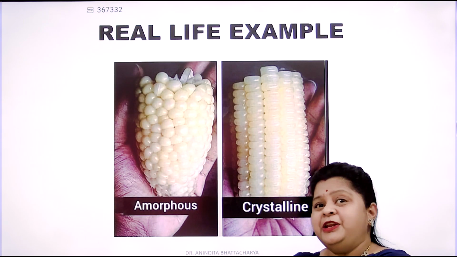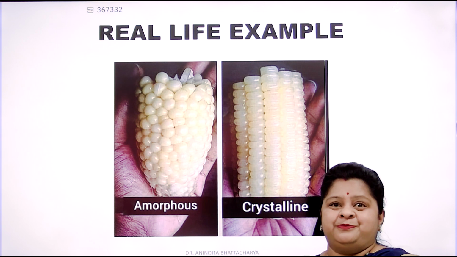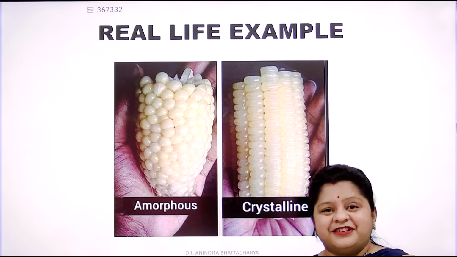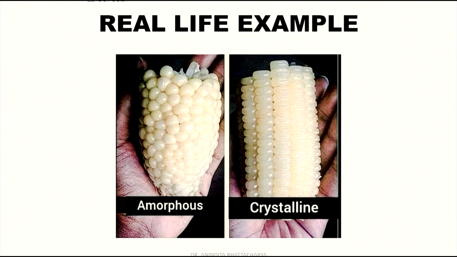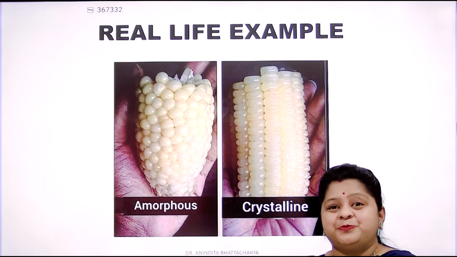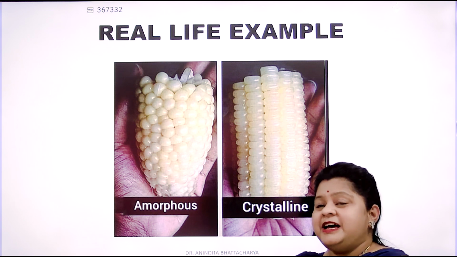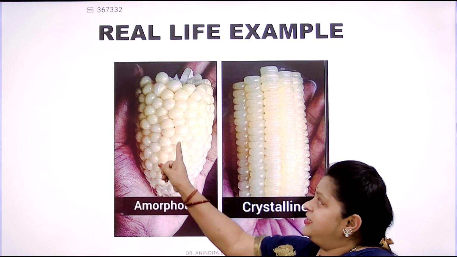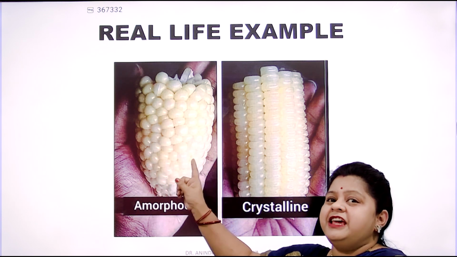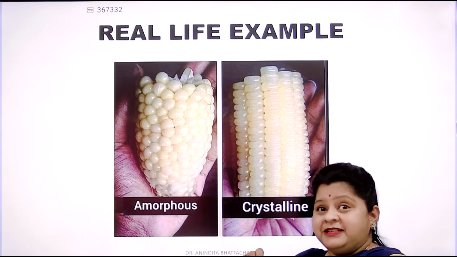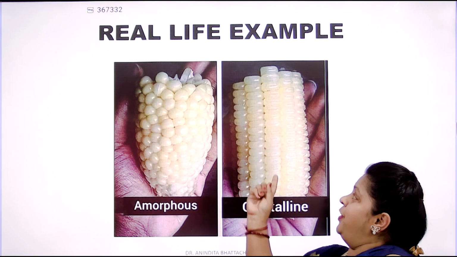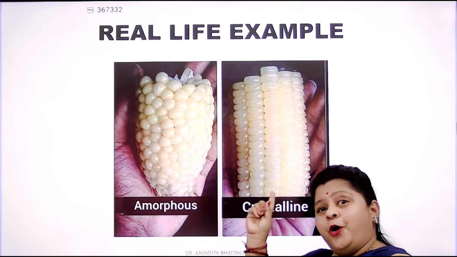To explain, I can take you to nature, for the structure of crystalline and amorphous solids. We all enjoy bhutta, but have you seen those bhutta? In some bhutta, all the corns are arranged in a haphazard pattern, but in some, they follow a very orderly fashion.